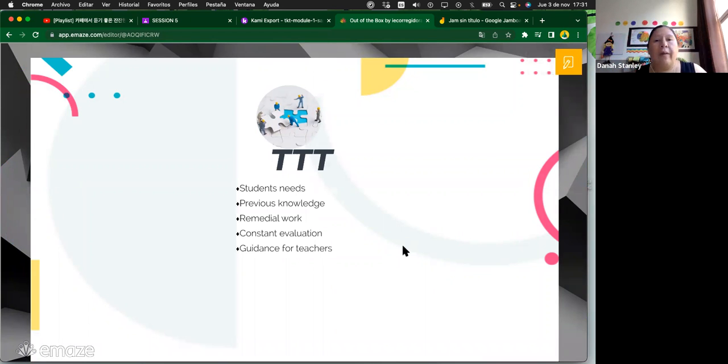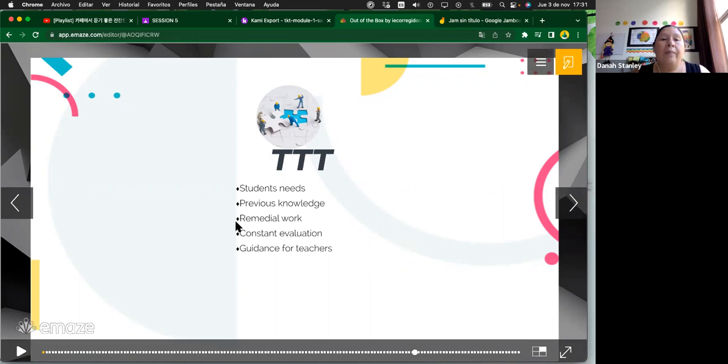We are covering them. We need to rescue and evaluate the previous knowledge to check if it's totally understood, or if the students need another explanation, or even if they need further practice. We have implicit the remedial work.